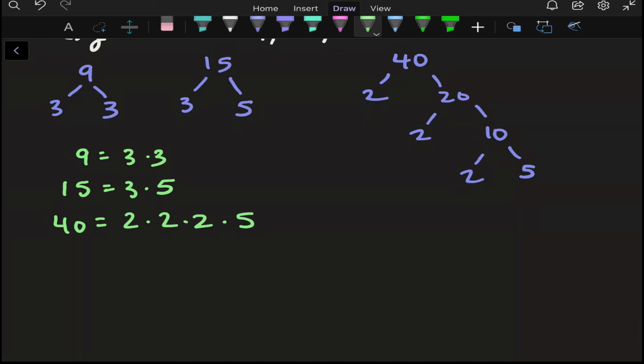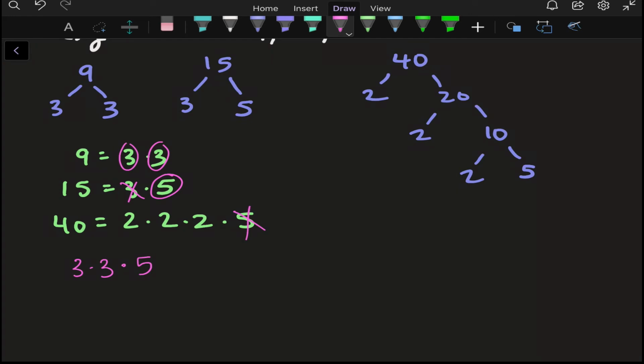So now if we want to find the lowest common multiple, 9 has 2 3s, 1, 2. No one else has more than 2 3s, so we get to cross this one out, and our 3 by 3 comes down here. And now we look at 15. 15 has a 5. 40 also has a 5, but only 1, so we can cross it out because we only need 1 5.